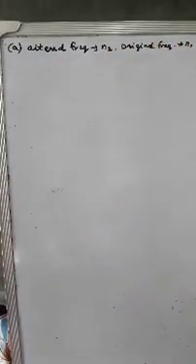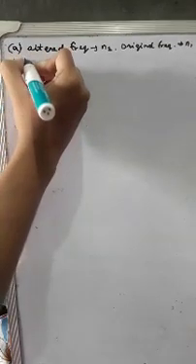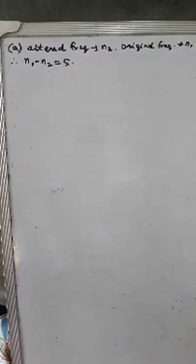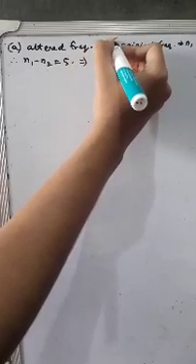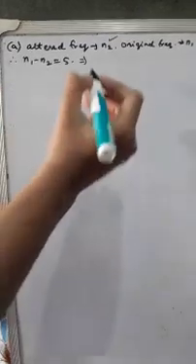In the question it's given that the tuning fork whose frequency is known, its frequency is 512, and it can produce 5 beats per second. Therefore N1 minus N2 will be 5, because it can produce 5 beats per second. You have to find out this N2, the changed frequency, because N1 is already available in the question.